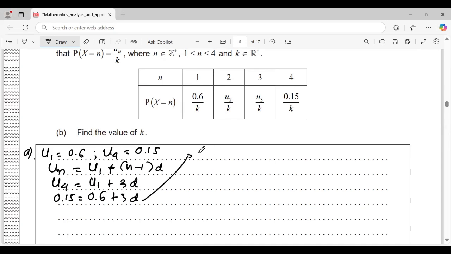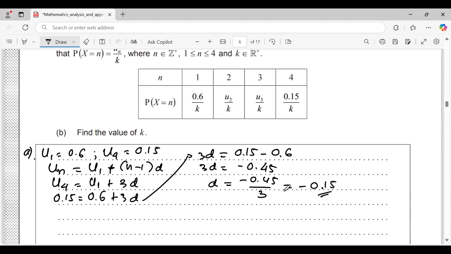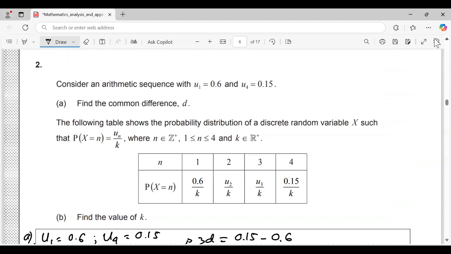So 3d equals 0.15 minus 0.6, 3d equals minus 0.45. d equals minus 0.45 divided by 3, and it is minus 0.15. So d equals minus 0.15.